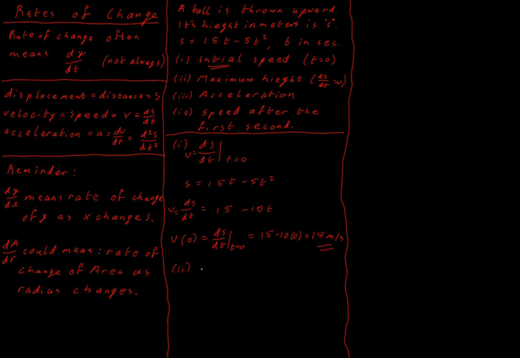But beyond that, I can also give myself a visual interpretation of this. I can draw in a sketch. Again, drawing these sketches in now improves my intuition. I am looking for maximum height. My height is given by s, and time is changing.